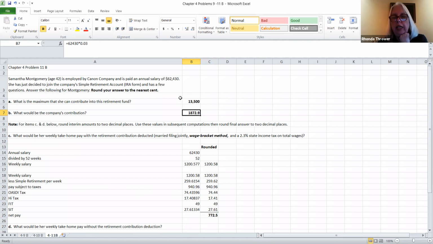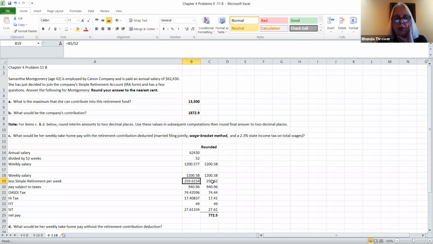So take 13,500, that's the yearly amount, and divide it by 52 weeks in a year, and that's how I get $259.62. I actually calculated it here. You can see that in the formula, but then you have to round it to the nearest cent. So $259.62 is the rounded amount that I calculated in this first column.